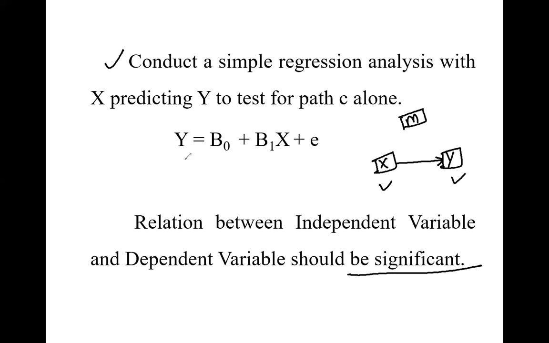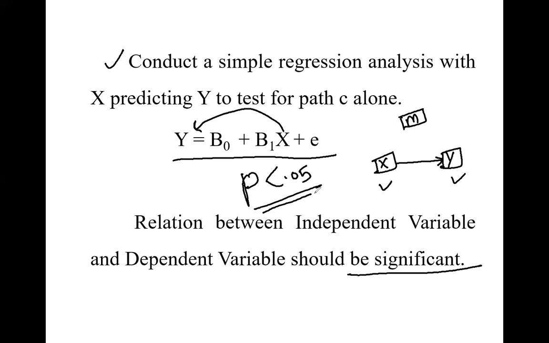It's a simple bivariate regression analysis. The relationship between X and Y should be significant, which means the p value should be less than 0.05 when we simply find the relationship between X and Y.